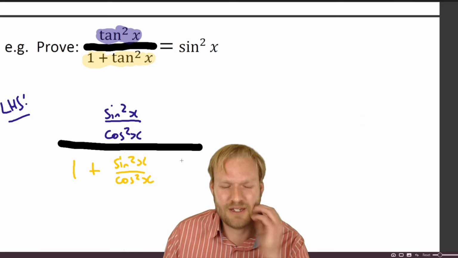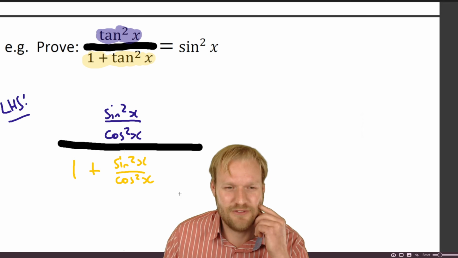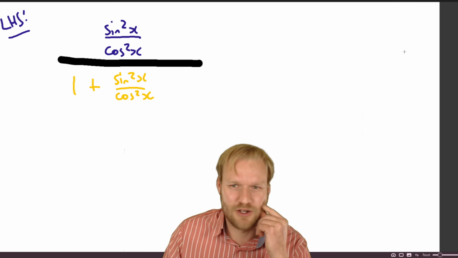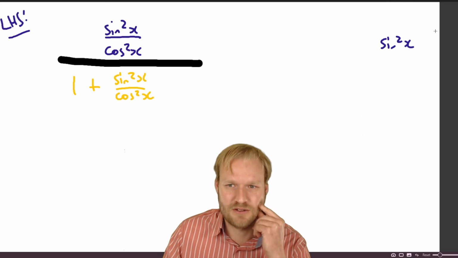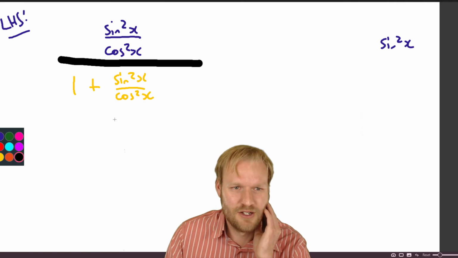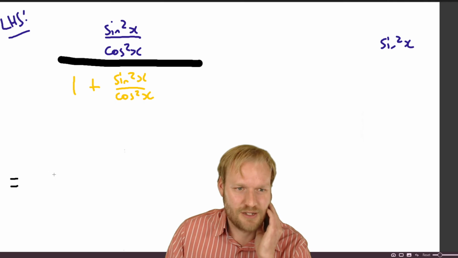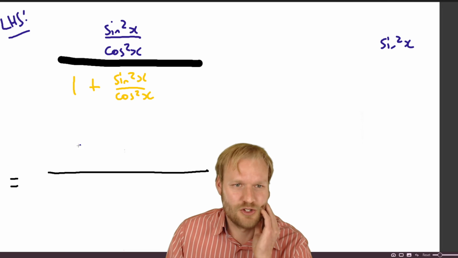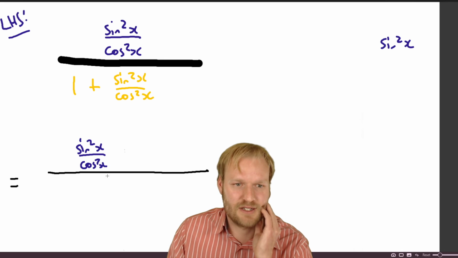For here, I think we've manipulated something like this before. I seem to remember one that was similar. In the back of our minds, we know that what we're trying to get to is sine squared x. So this is equal to our nice big fraction. Not too much we can do on the numerator just yet, cos squared x.